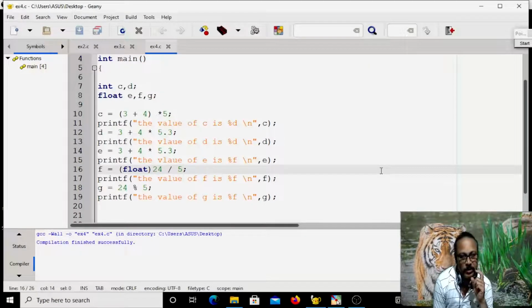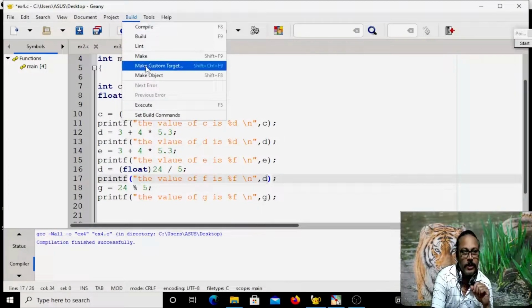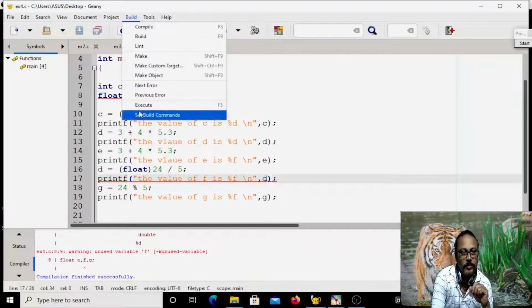Now, what happens if F is assigned to an integer? Suppose this is D, and you print the value of D only. What happens? I say that the fractional part will go.